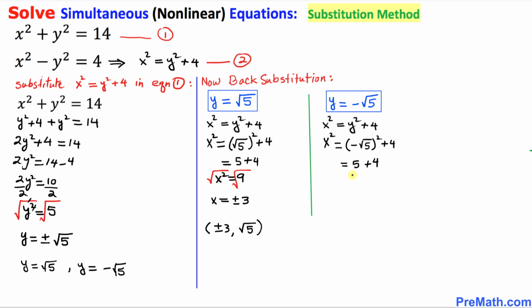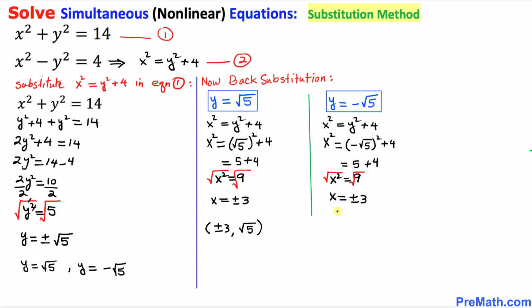So we got 5 plus 4, which is equal to 9, and this is x squared. Since we want to solve for x, let's take the square root on both sides. So that means our x value turns out to be positive or negative 3.